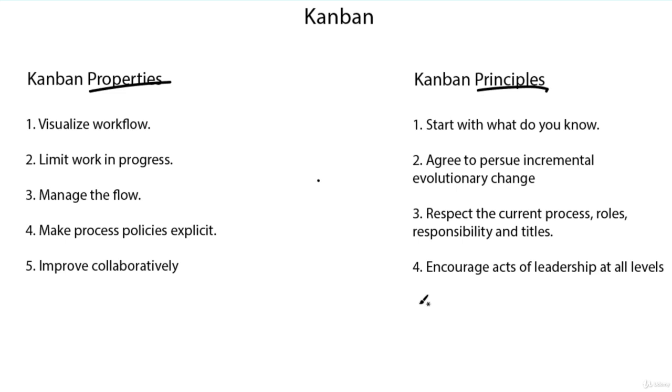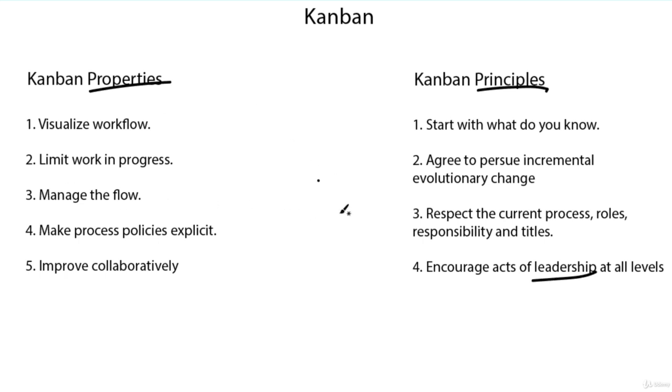We want them to make really good decisions while coding. So we want to encourage those acts. And leadership here doesn't have to mean that we're actually leading other people. It can mean simply that they are inspiring others because they're working very hard and they're creating very solid and very bug-free code. So we want to encourage that at all levels.